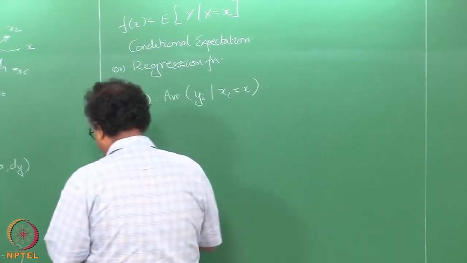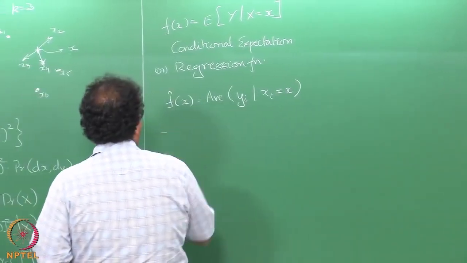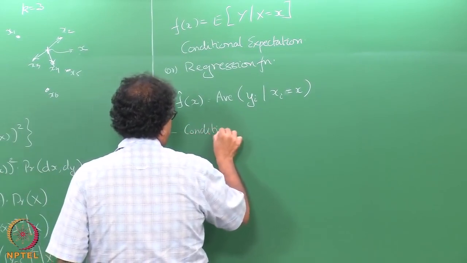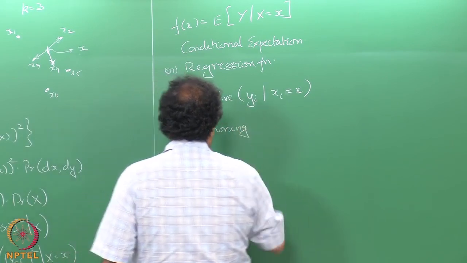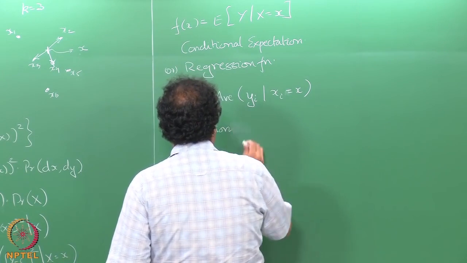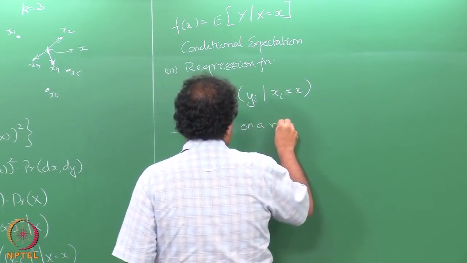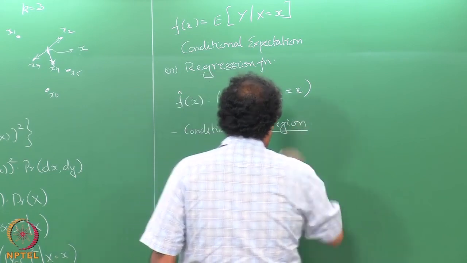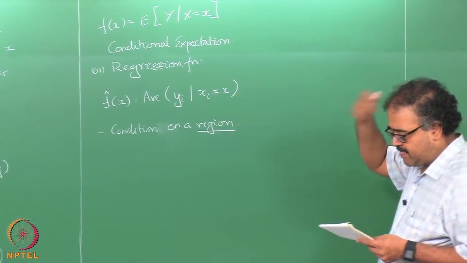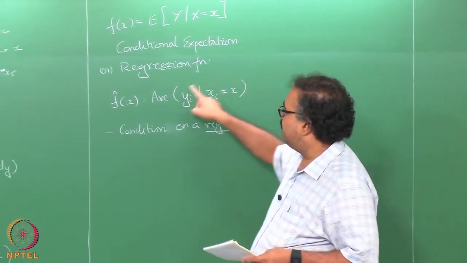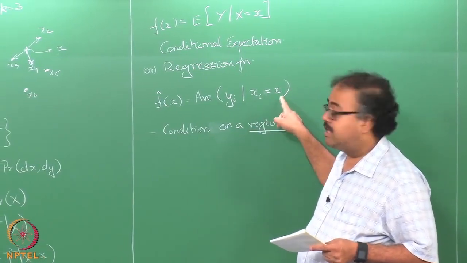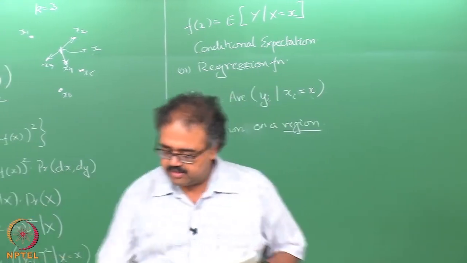So, what we will do here is we will relax the conditioning. Instead of conditioning on a point, we will condition on a region. So, what does it mean? I am taking the average here of all those data points for which xi equals x. Now, that is not going to work, because there are too few data points.